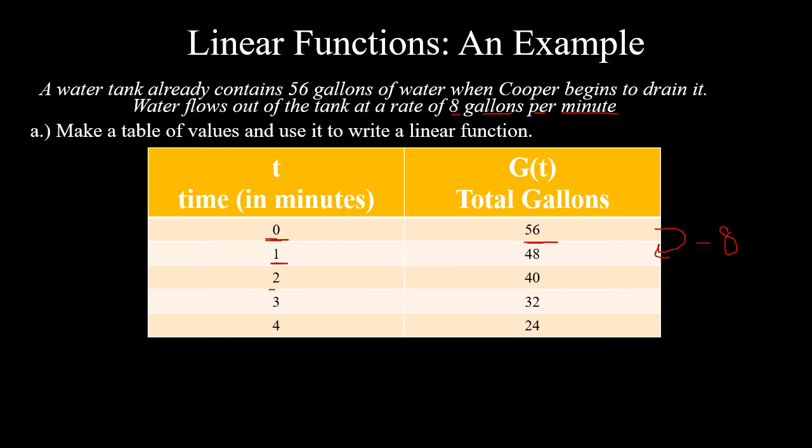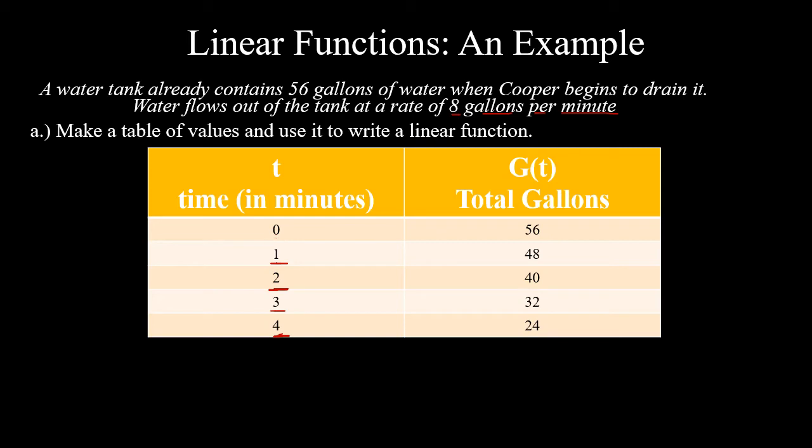Then another minute's going to go by. So after 2 minutes, now I'm losing another 8 gallons. So I subtracted 8. That gave me 40. And after 3 minutes, now I've lost another 8 gallons. So 40 minus 8 is 32. That's where this came from. And then another minute goes by, and of course I lose another 8 gallons. So 32 minus 8 is 24.